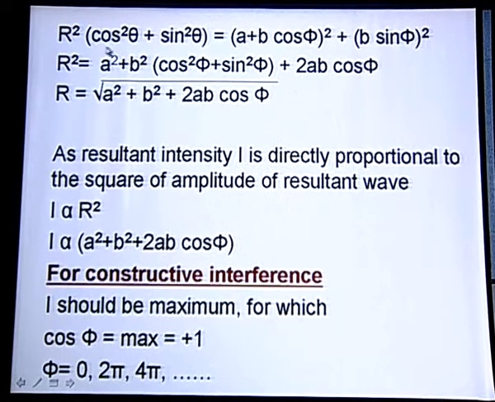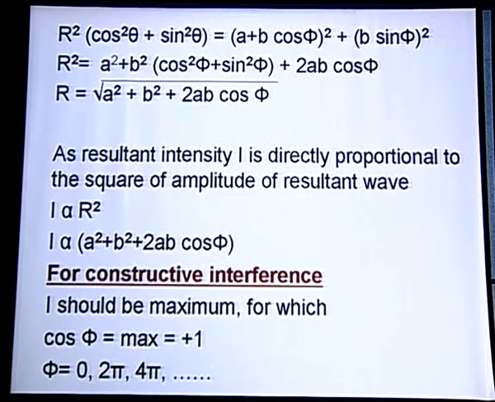This means it is directly proportional to I1. I1 is the intensity of the first wave. Right? Because the intensity of any wave is directly proportional to the square of the amplitude.